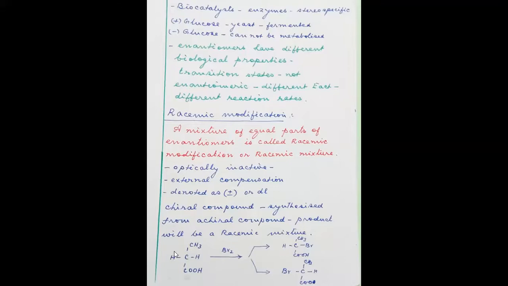Two hydrogens are there. I want to convert this into a chiral compound by brominating. When bromine reacts with propionic acid, the alpha hydrogen is replaced, substituted by bromine.